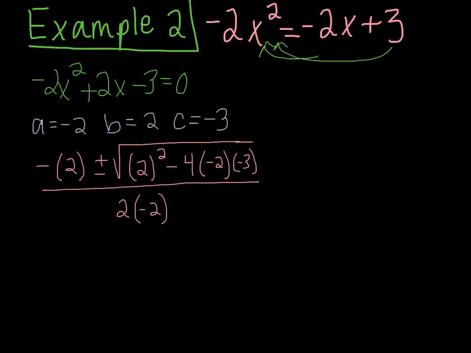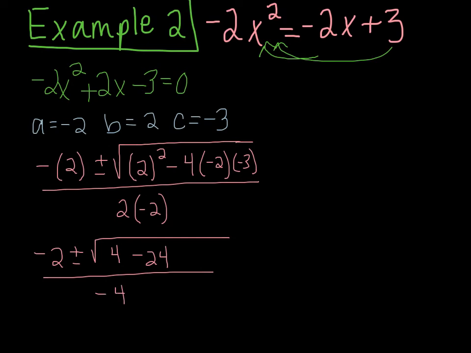Let's start simplifying this. On the outside, we have negative 2, plus or minus. In the radical, we have 2 squared, which is 4. Negative 4 times negative 2 is positive 8. 8 times negative 3 is negative 24, all over negative 4.